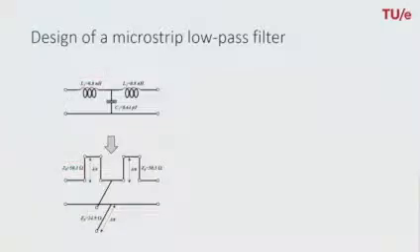The next step is now to apply Kuroda's identity to get rid of these series stubs, which are not possible to implement in microstrip technology, as we discussed before. Note that the stubs, as I showed before, should have a length of lambda over 8 at 10 gigahertz.